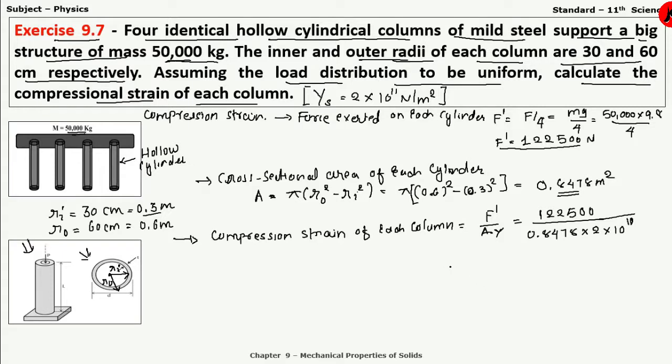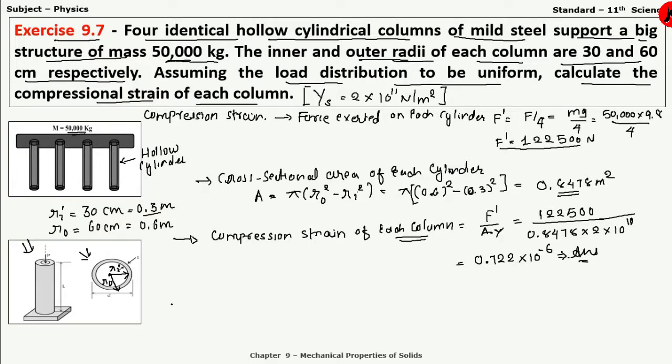After solving we get the compression strain, which is 0.722 into 10 raised to minus 6. So this will be our final answer, the compression strain of each column. Keep in mind strain has no unit.